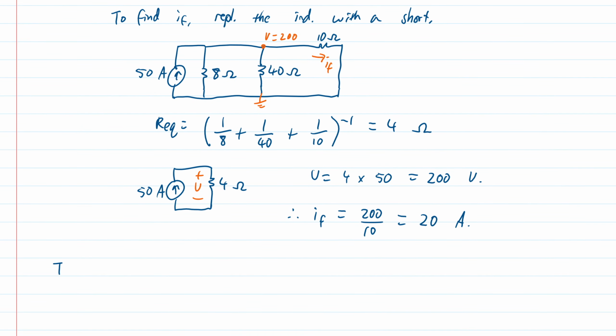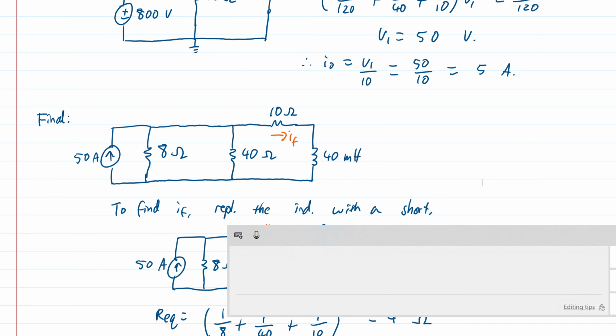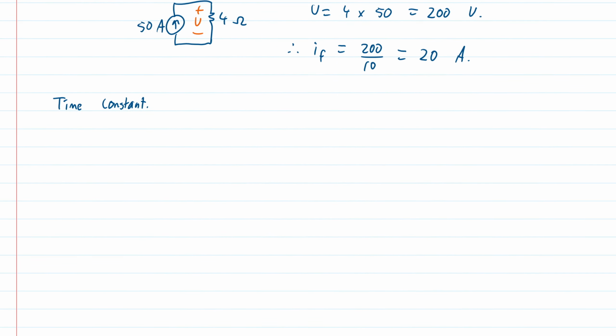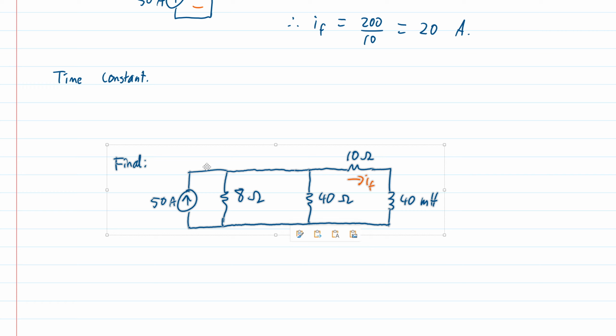The other piece that I need is the time constant. So here we have to be a little bit careful because what we actually need is the time constant, which is determined by a resistance that the inductor sees. So I'm going to just copy this circuit down here again.